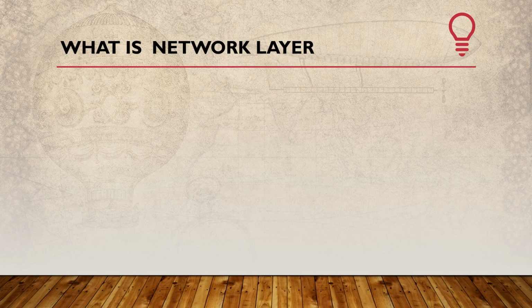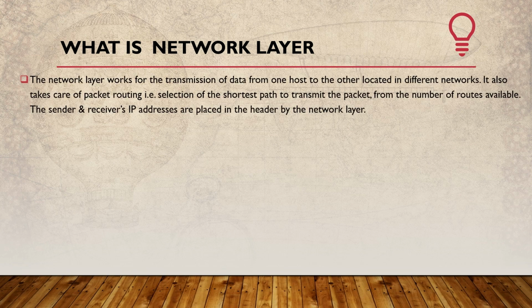Today we are going to discuss the network layer in the OSI model. What is the network layer? The network layer works for the transmission of data from one host to another host located in a different network. For example, A is a host in network 1 and B is a host in network 2.